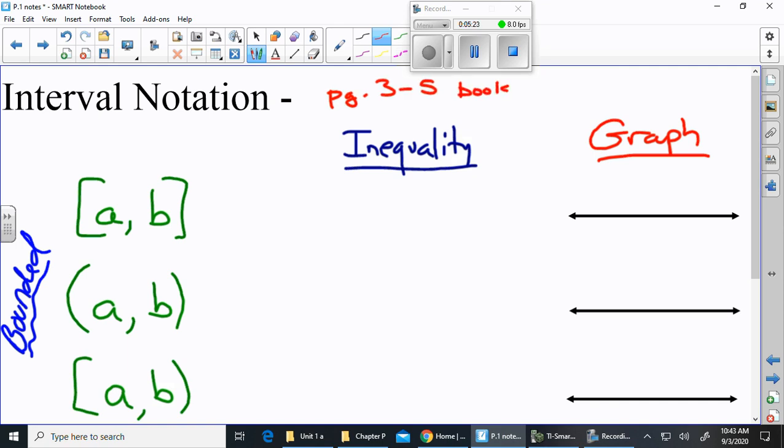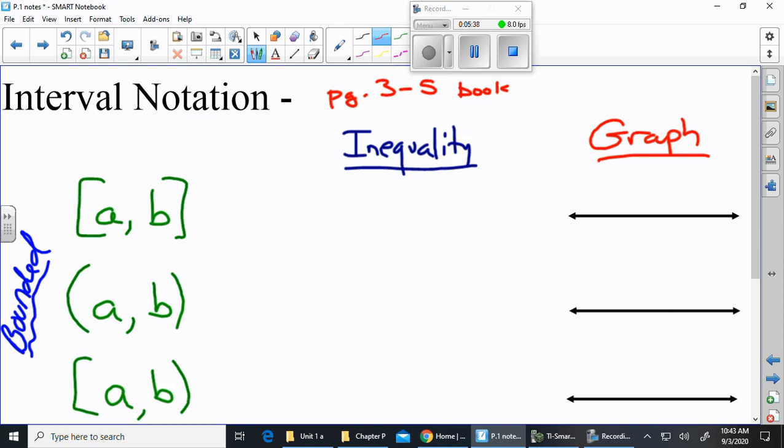But really what we're saying is if you see with brackets A comma B, with inequalities, the smaller number is always to the left.